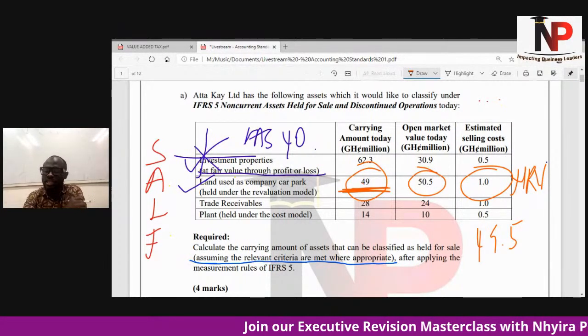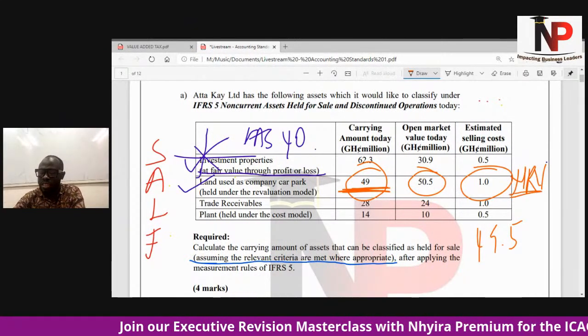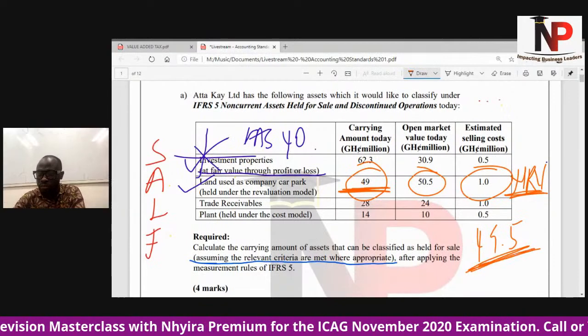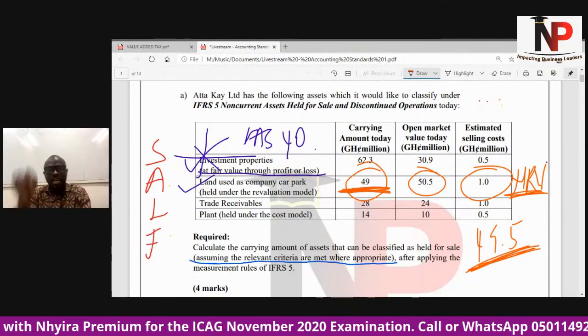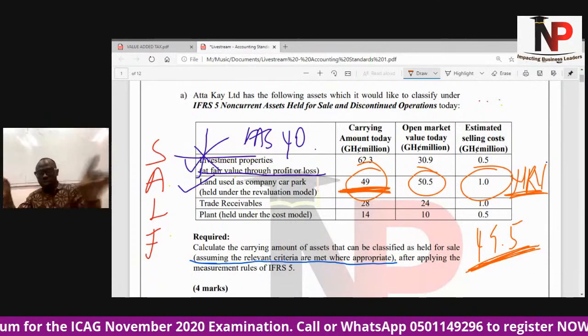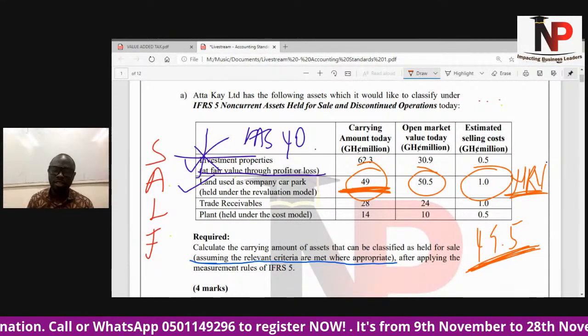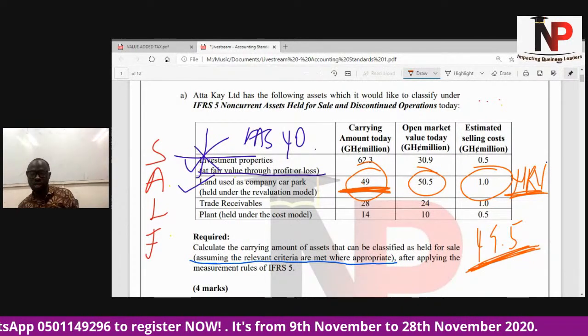The net realizable value is 49.5, the carrying amount is 49, and the lower of the two is 49. So the land used as the company's car park will be carried at 49.